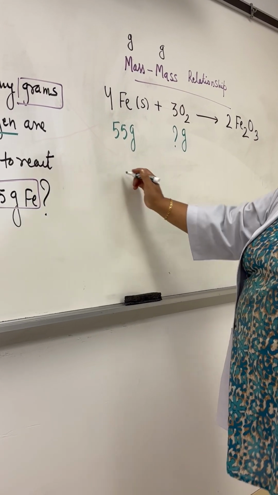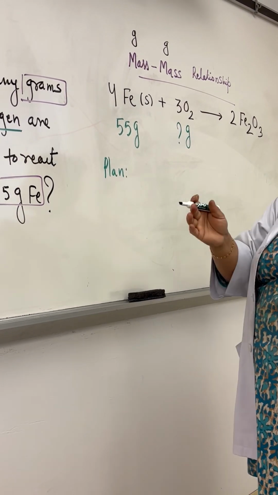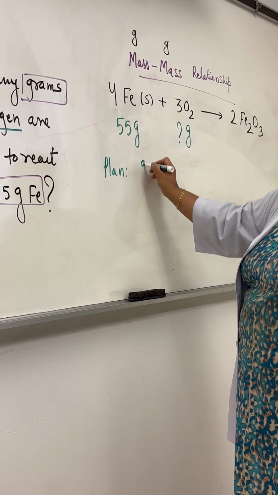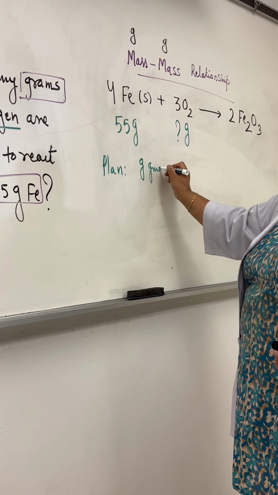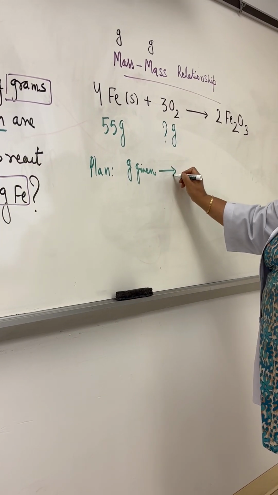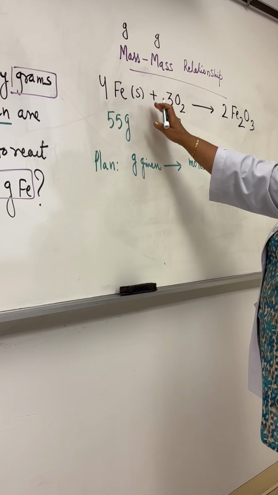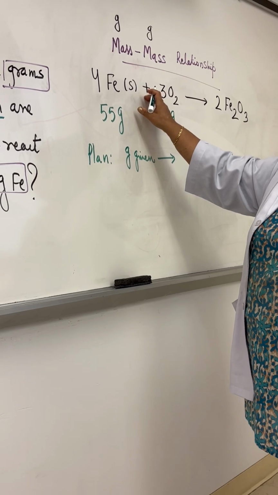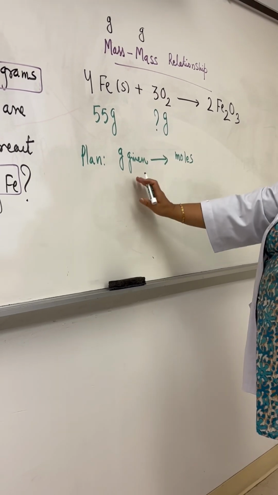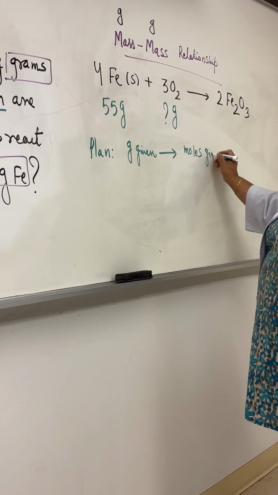So your plan should be a little longer than what we did so far. How do you start? See, grams given. You start with grams given, convert this to moles first, because given a reaction, it is always a mole to mole ratio, remember. So that's why you need to convert grams given to moles given.